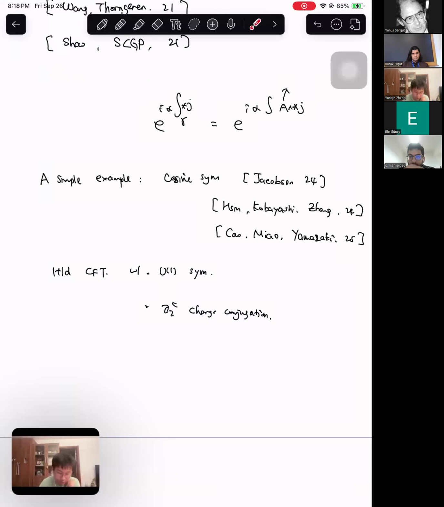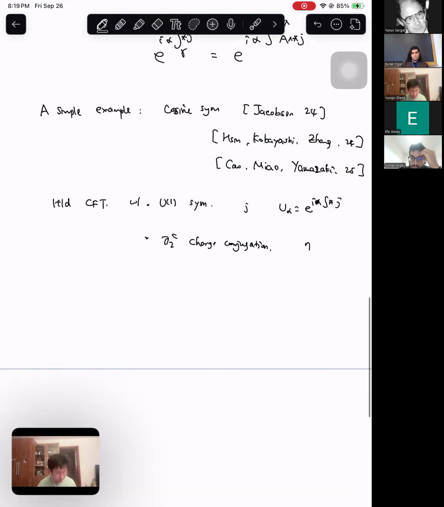For U1, this is just an ordinary symmetry. It comes with a local conserved current, and we can construct a topological operator or topological defect by this standard construction. And I'm also going to denote the topological operator for the Z2 charge conjugation as eta.